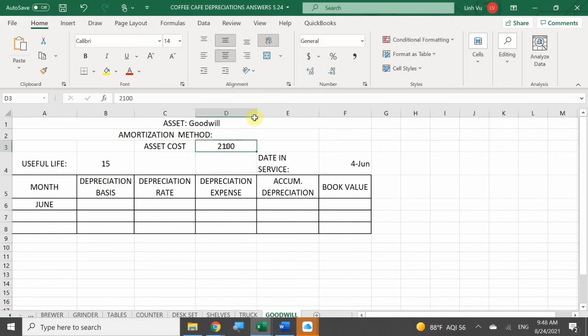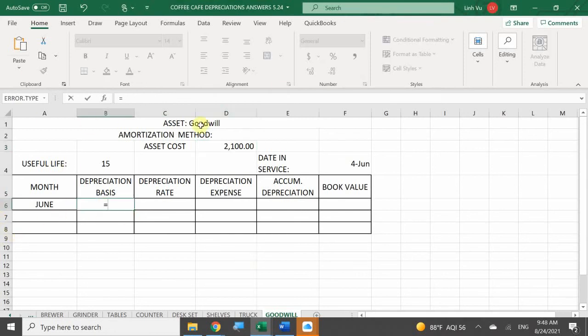So let's solve for the 1 month worth of amortization. What's my depreciation basis? $2,100.